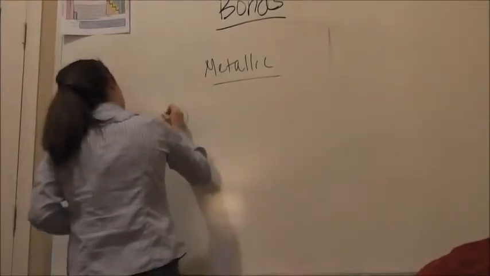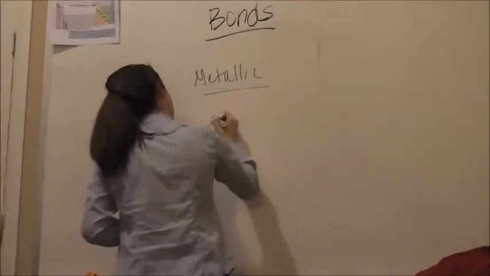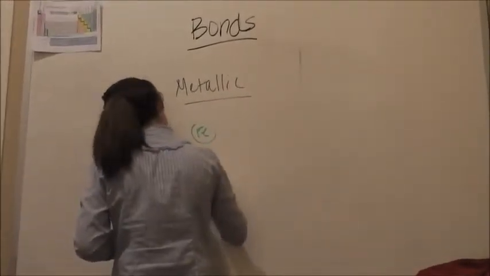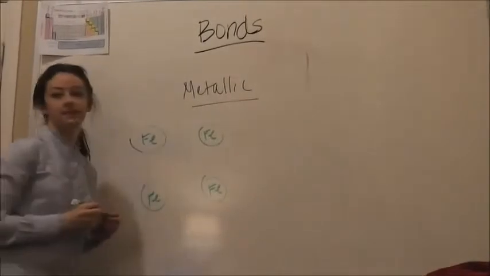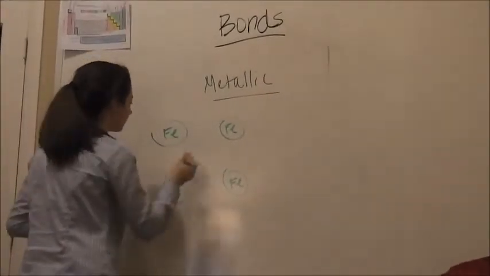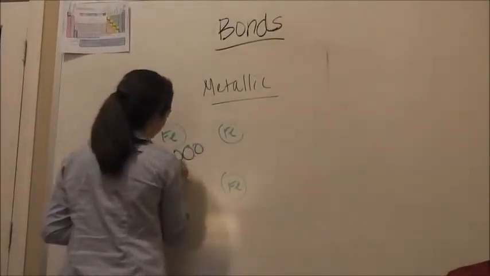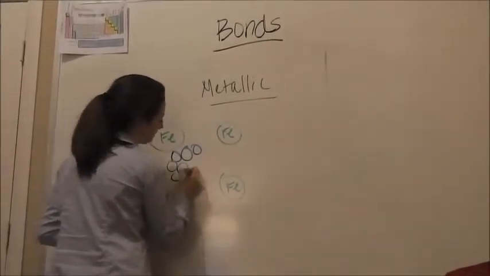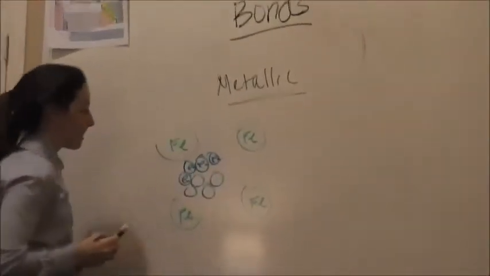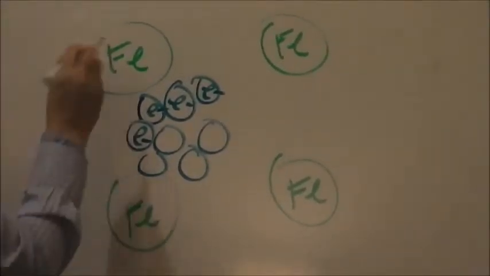We have 4 iron atoms. 1, 2, 3, 4. So what happens is when you put all these together, they're going to share all of their electrons in this sort of pool of electrons, this sea of electrons in between. And they're very communal this way. So all of these iron atoms, since they're sharing, they're going to become positively charged.